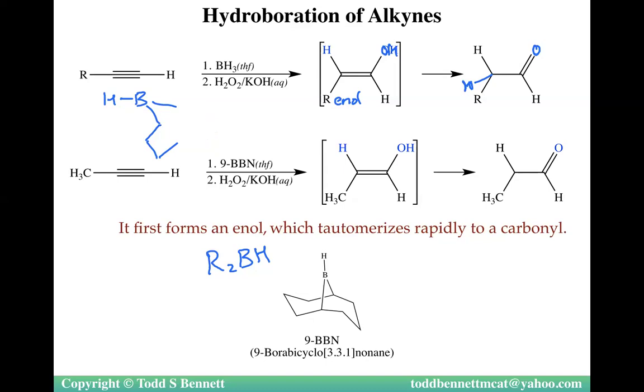Not quite the way I want to draw it. So it's more complicated, more like that. And so it will end up trying to get on the H side, which makes it much more selective. So 9-BBN is just like BH3, but you skip to the third H preference, which is driven by this crowdedness of steric hindrance, which makes it much more selective for anti-Markovnikov, which means much more selective for an aldehyde, a carbonyl on carbon 1, than a ketone.